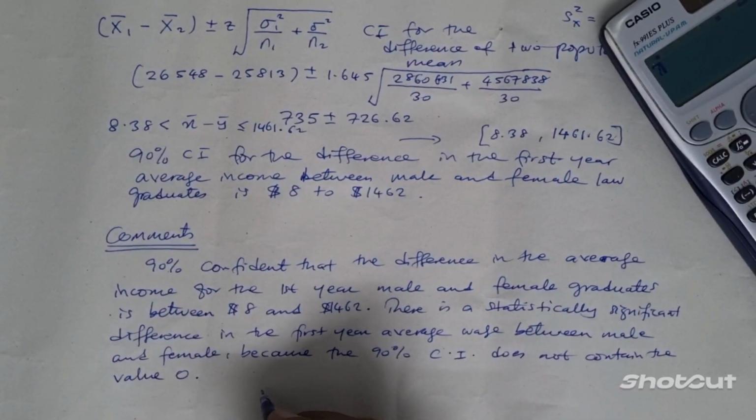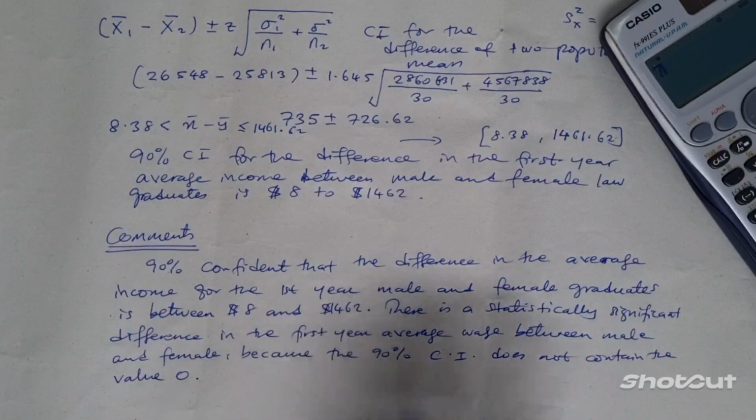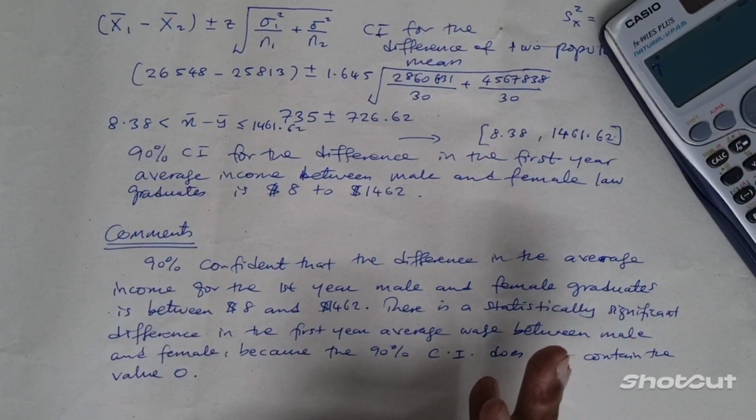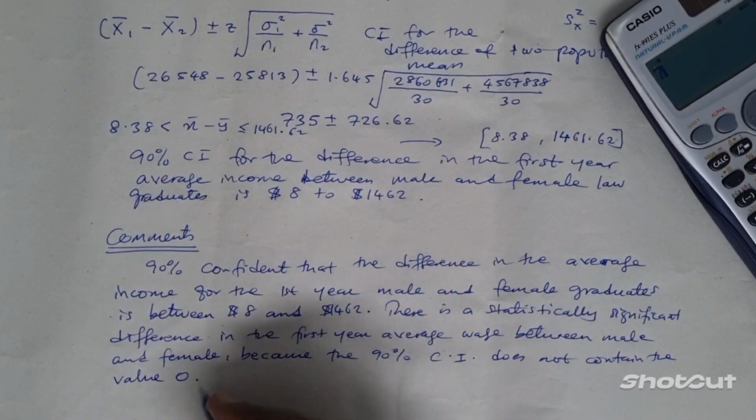And also, this 90% confidence interval for the average first year income is quite wide.